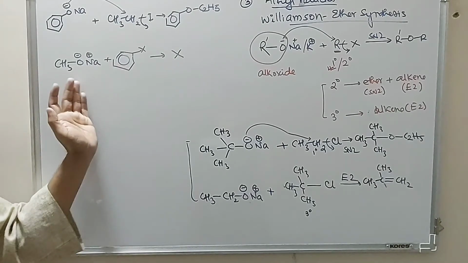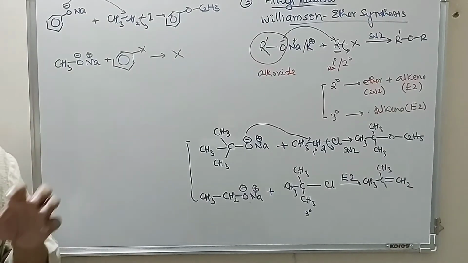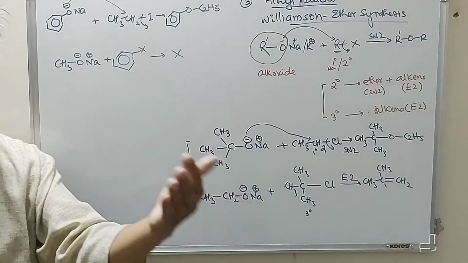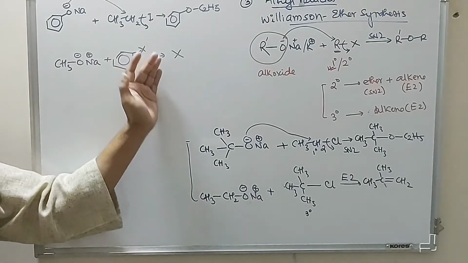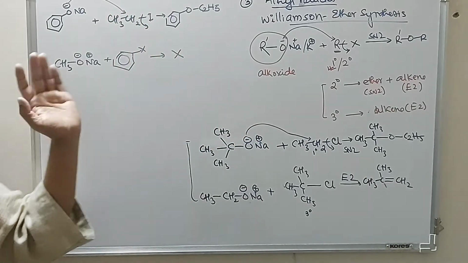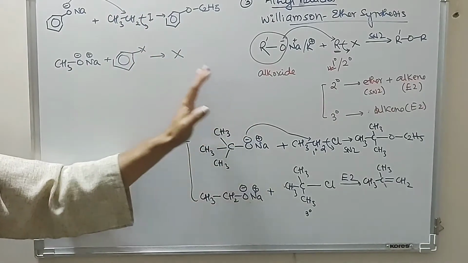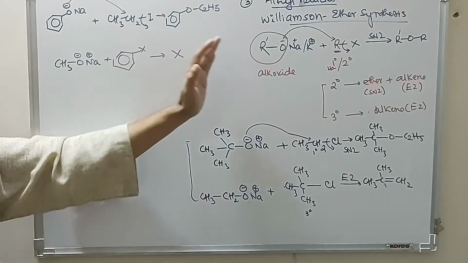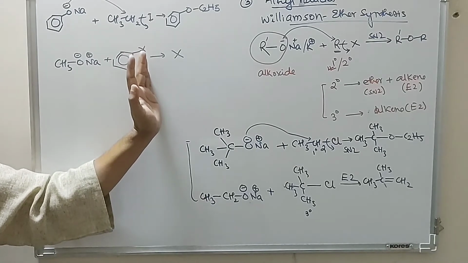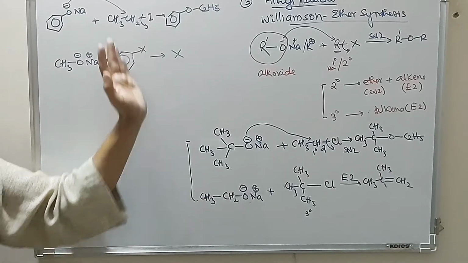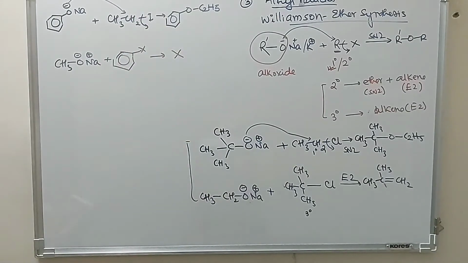Since this reaction requires SN2, which requires a rear side attack, but due to the presence of the ring, rear side attack is prevented. So this reaction cannot take place. That means we cannot use aryl halides for preparation of ethers.